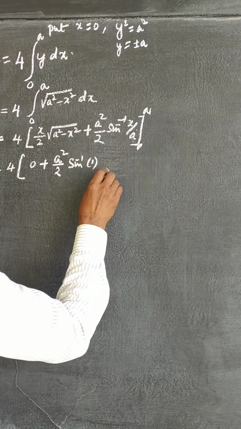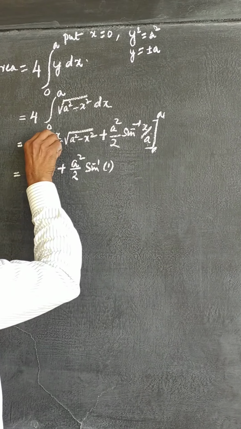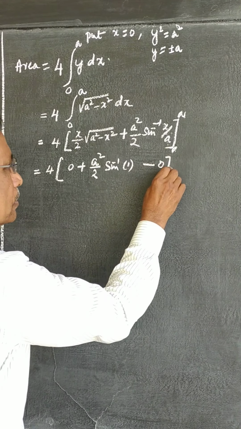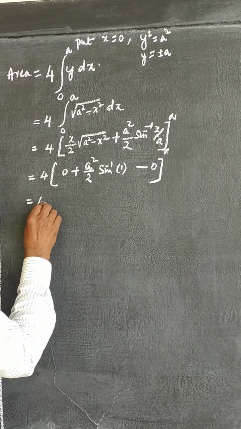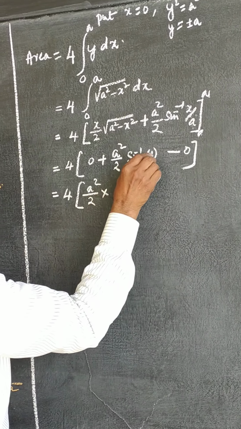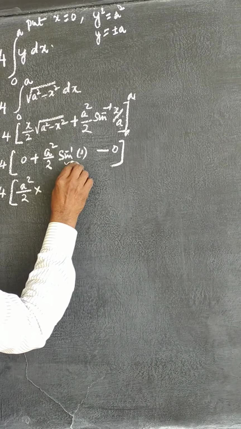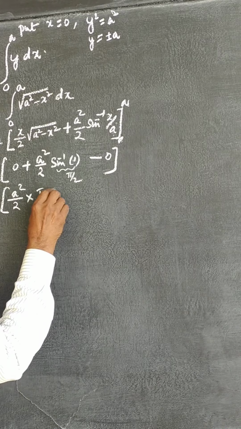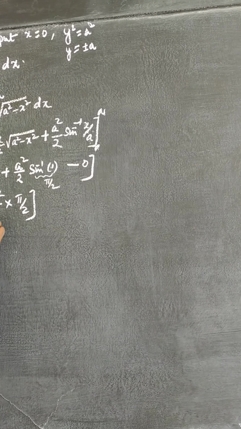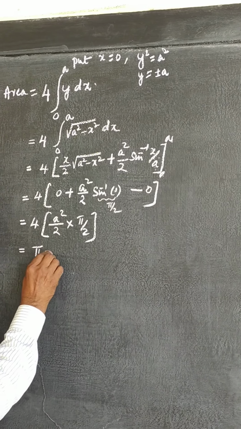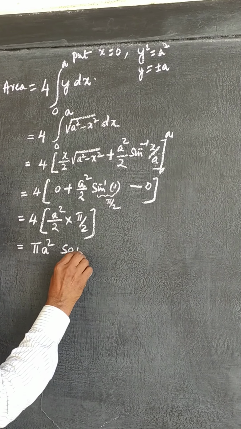For lower limit, if you put 0, both terms become 0. So a square by 2 sin inverse of 1 is pi by 2. Therefore 2 gets cancelled with this 4, hence it becomes pi a square units.